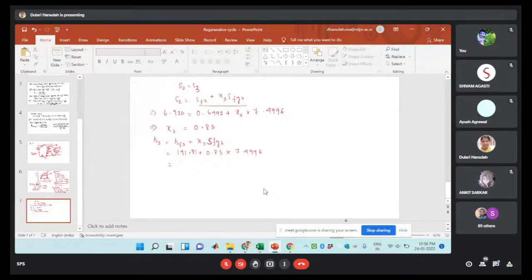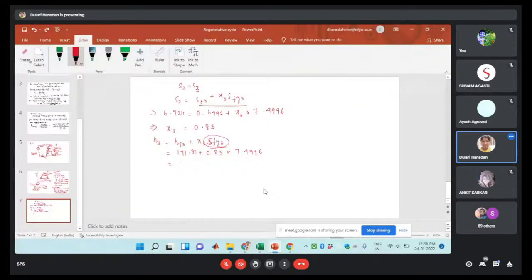No, here we made a mistake. Ayush, have you marked this one? Here we have made a mistake, right? This should be H, not S. So it is hf3 plus X3 hfg3.